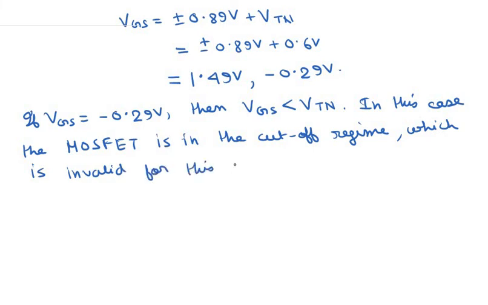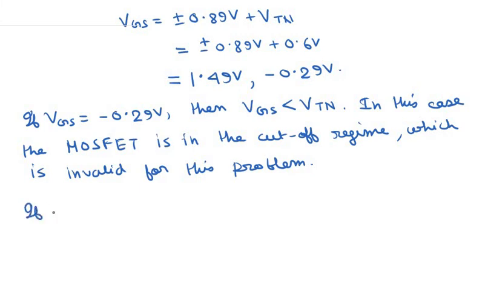Why is it invalid? Because we already know that a current IQ is flowing through the MOSFET. If the MOSFET is in cutoff, then the current through it must be 0. But here it is stated that the current IQ is flowing through the MOSFET. So this cutoff regime is not valid in this case.